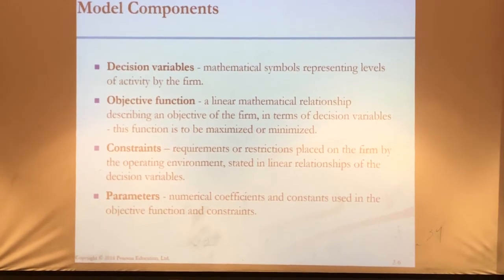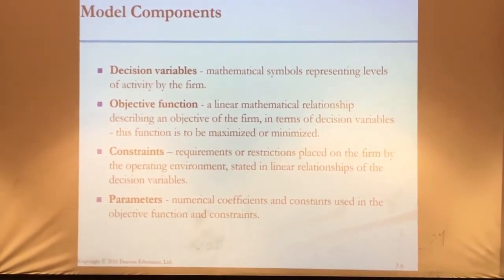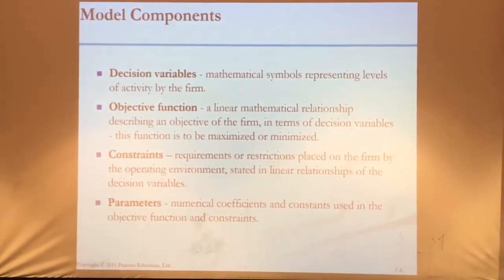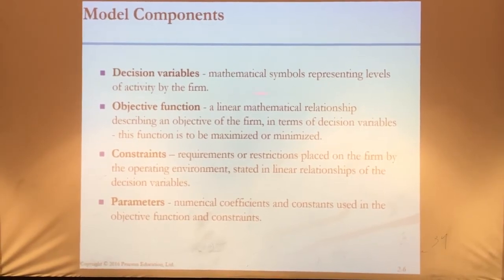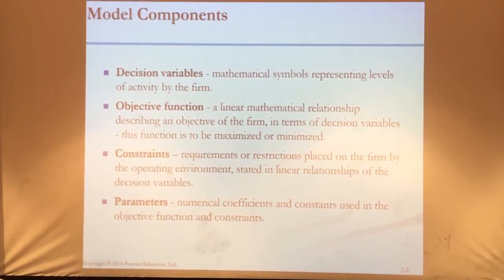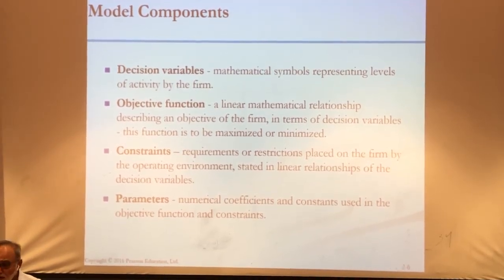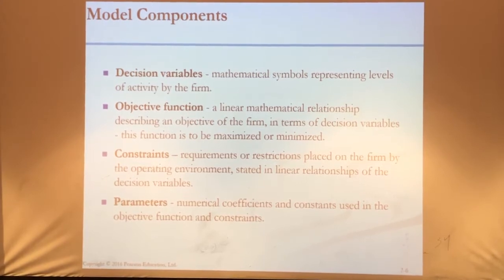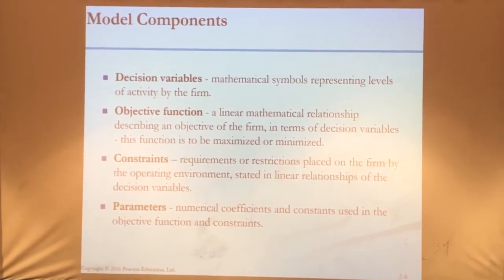The components of the model will be decision variables, which are mathematical symbols representing levels of activity by the firm. Decision variables are what we are going to decide about, for example, the number of products we have to produce to minimize the cost or maximize the profit.